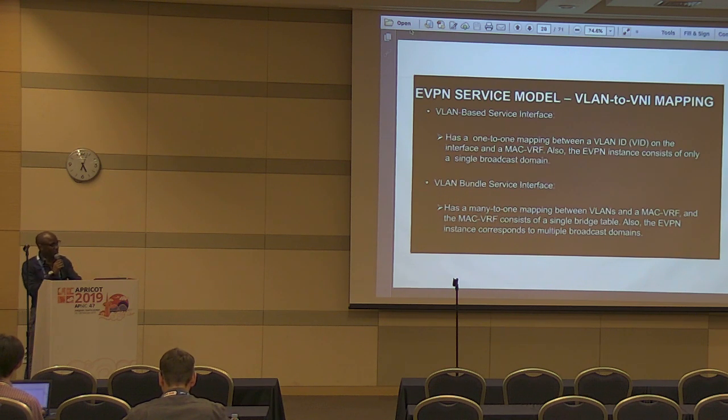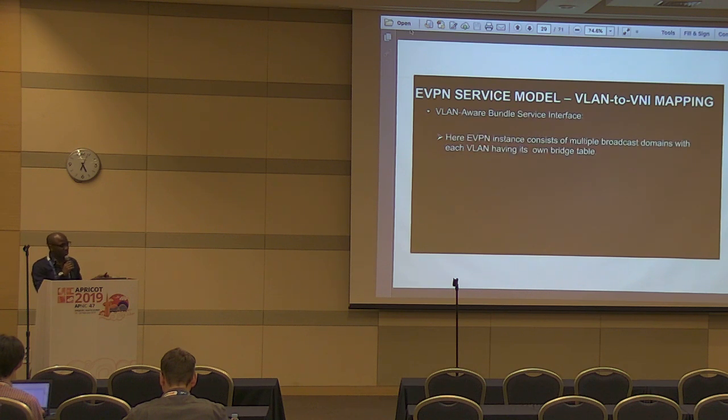So the implication is you can't have overlapping MAC addresses. I actually have a slide that summarizes the comparison and pros and cons of each of these service models shortly.